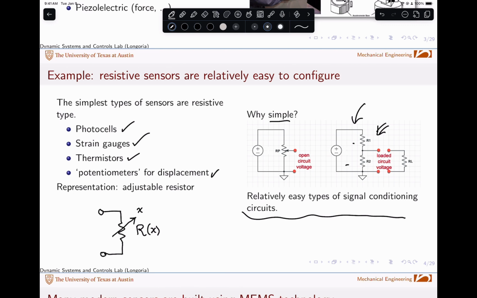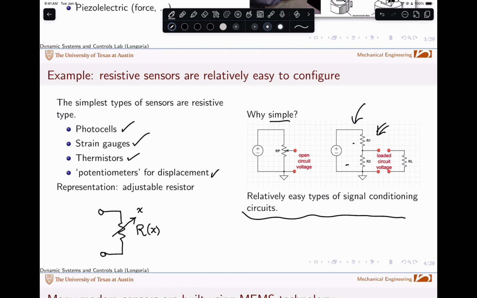You don't want to necessarily measure the resistance directly, but you can measure the voltage drop across it, or the current through it, say. Either way, really, voltage is much easier to measure using devices like an Arduino, as we'll talk about later, because we have analog to digital converters that can make an estimate of voltage.